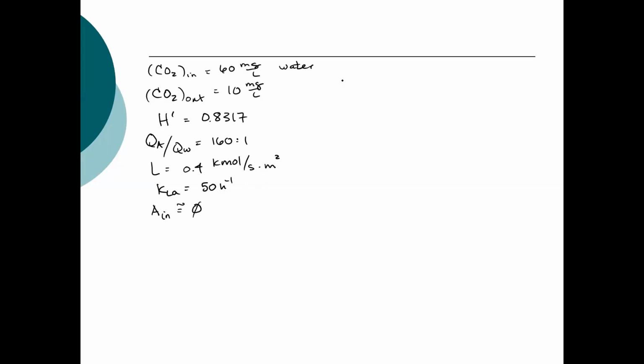Okay, so R sub S is equal to H prime over QA over QW. Notice by using H prime, it takes into account the temperature, so it normalizes your Henry's constant as a function of temperature. And that is equal to 0.8317 times 160, 133.